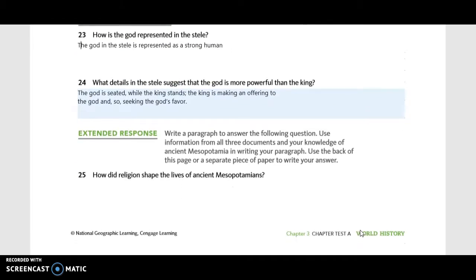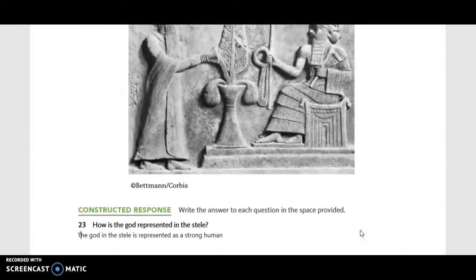And the last one we will discuss, how did religion shape the lives of ancient Mesopotamians. But here's that picture again.